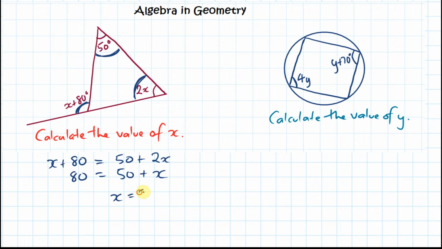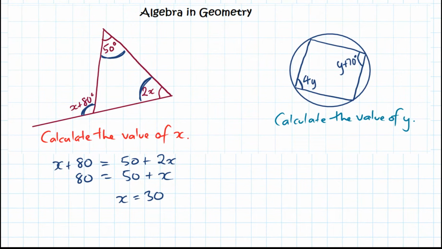If we substitute x back into these two angles, this angle here is 30 plus 80, so that angle is 110 degrees. And this angle here is 2 times 30, so 60 degrees.